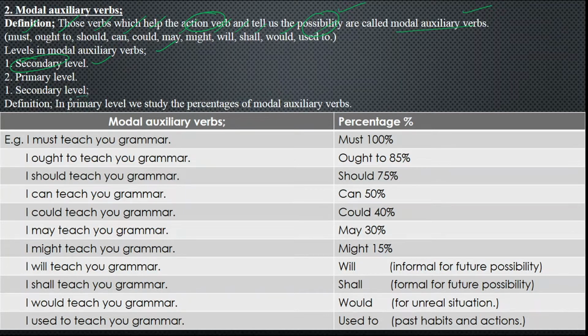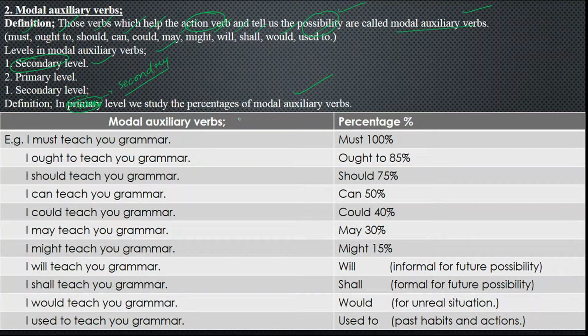Keep in your mind, it is not primary, it is secondary level. In secondary level, we study the percentages of modal auxiliary verbs, the possibility of a modal auxiliary verb. In primary level, we will study something else and then we will start it according to its usage.